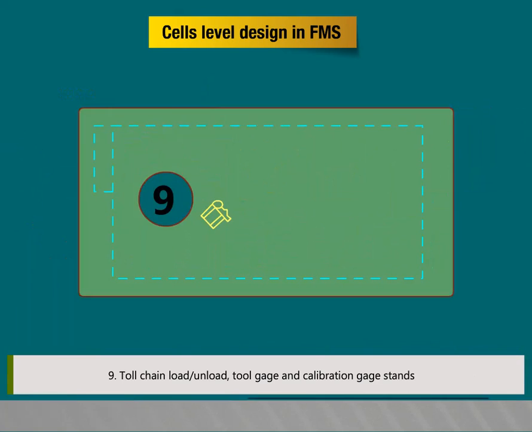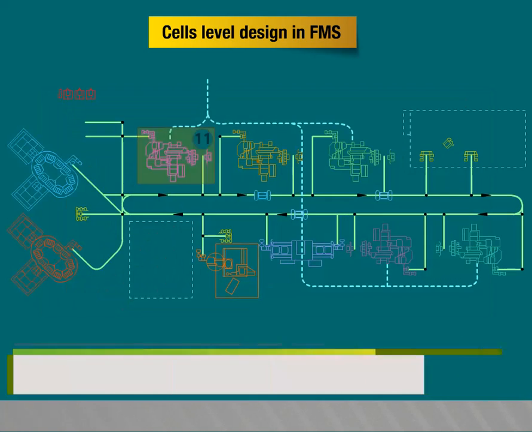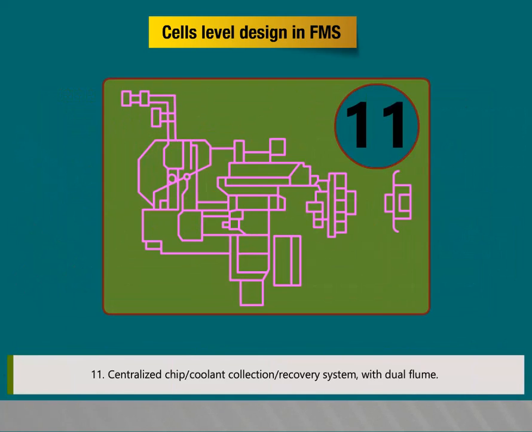Tool chain load or unload, tool gauge and calibration gauge stands. 10. Elevated computer room with DEC VAX A200 central computer. 11. Centralized chip or coolant collection or recovery system with dual flue.